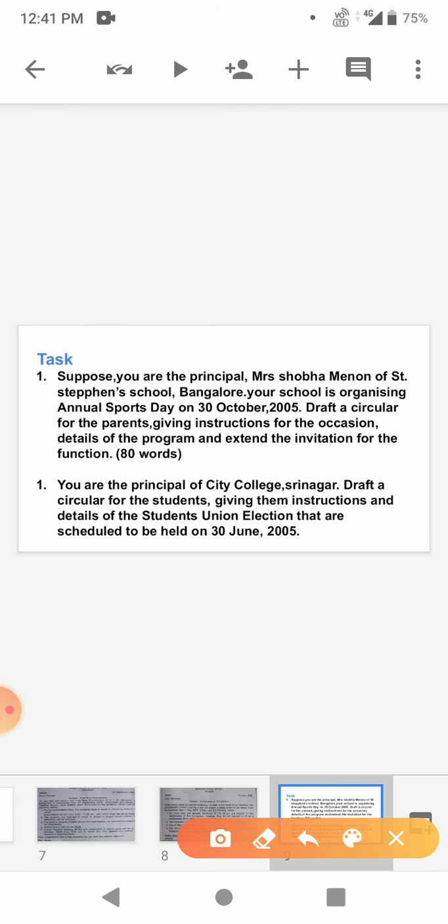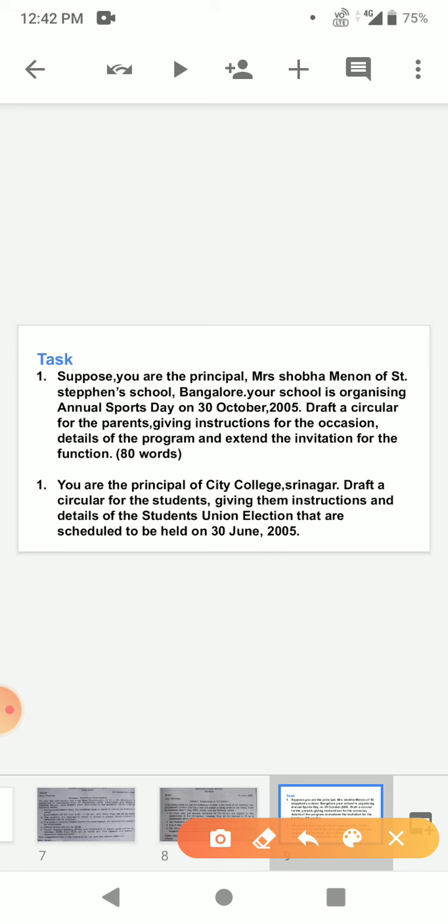Then you will frame the content accordingly, since our school is going to organize an annual sports day which will be held on 30th October 2005. And we will be having different programs on such occasion. You are cordially invited for this occasion. Then you will frame your content accordingly, and then you have to mention proper date here also.